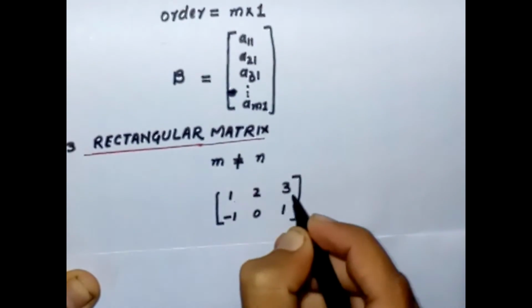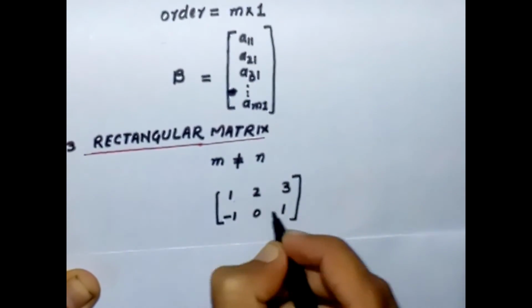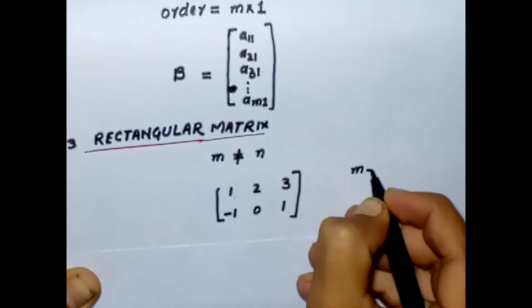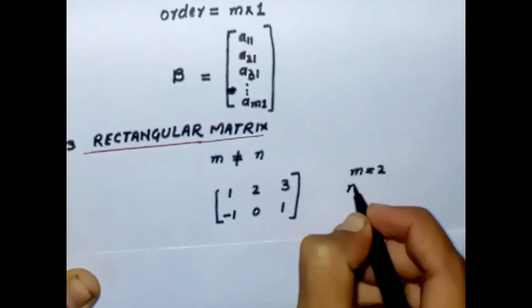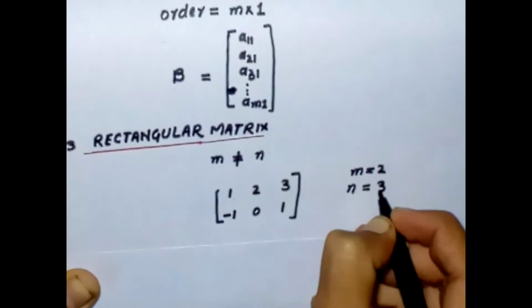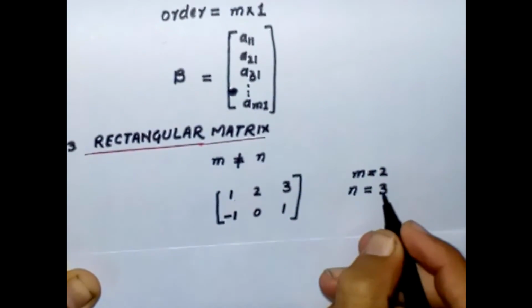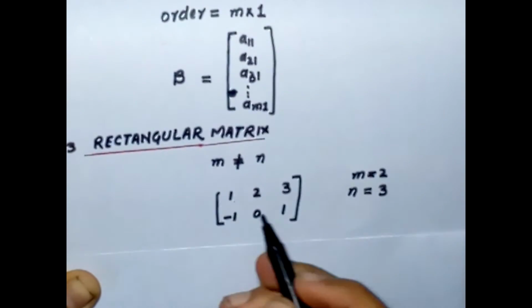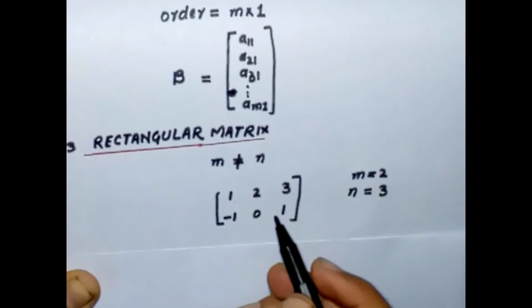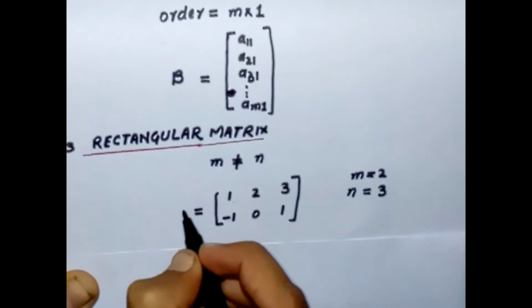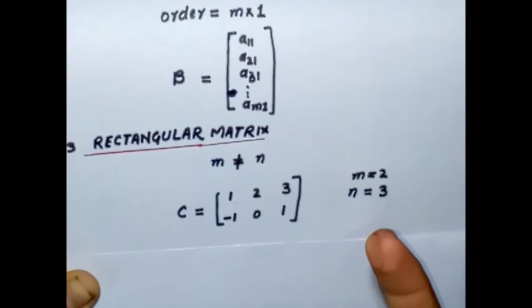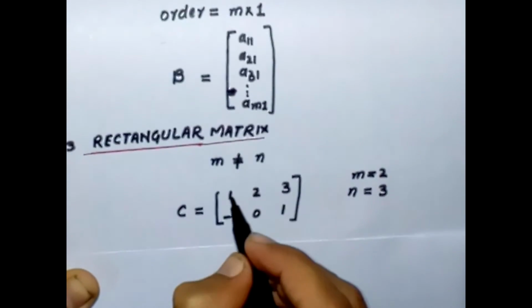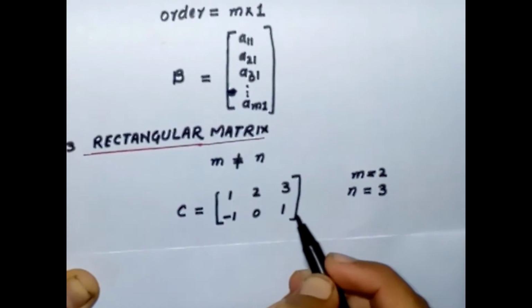In this matrix we have two rows, so the value of m is 2, and we have three columns, so the value of n is 3. Here m is not equal to n, so this matrix is a rectangular matrix. So C is a rectangular matrix. A matrix will be a rectangular matrix if the number of rows is not equal to the number of columns.